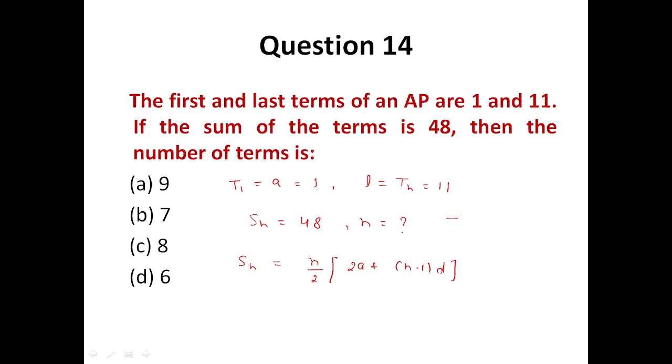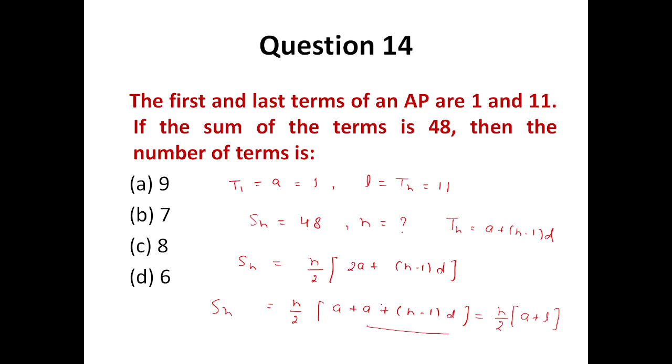As we know, the last term Tn is equal to a plus (n minus 1) into d. Now it can be written as n by 2 (a plus (a plus (n minus 1) into d)). Now see here, this is nothing but our Tn or l. So Sn is n by 2 (a plus l), we will use this formula. So put the value of Sn, a and l, and we will find our n.